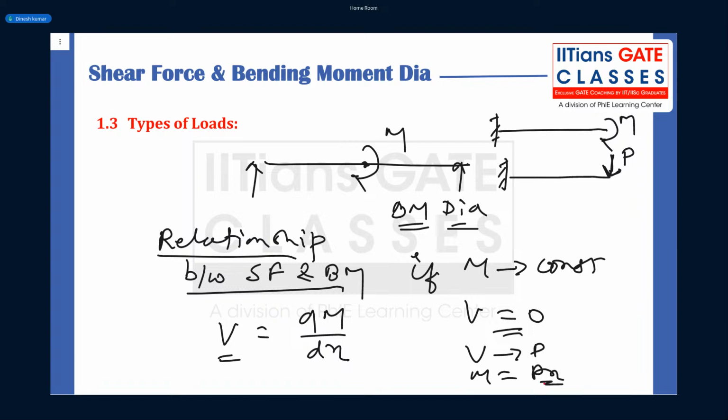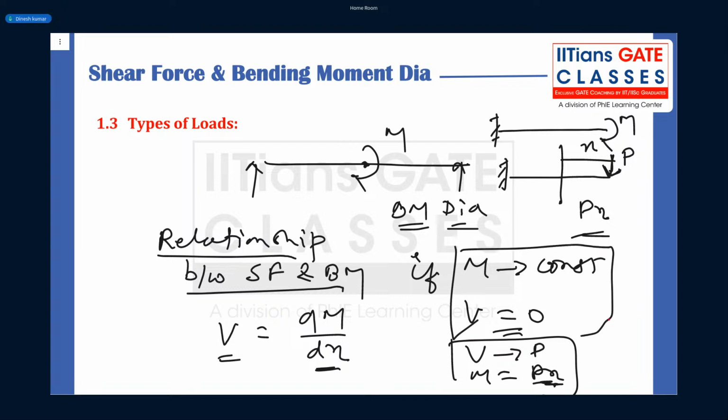At any section, your bending moment will be P into x. So if you substitute in this formula, you get V equal to P. We should know the relationship between shear force and bending moment mathematically, and then we can always find one quantity from the other.